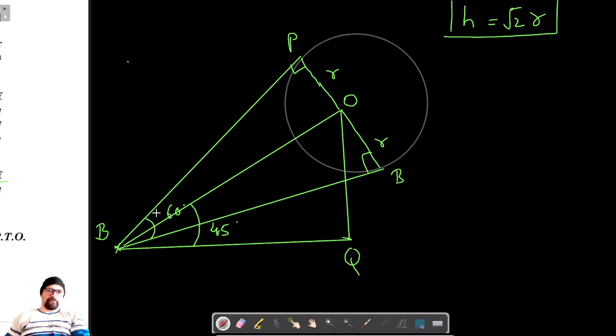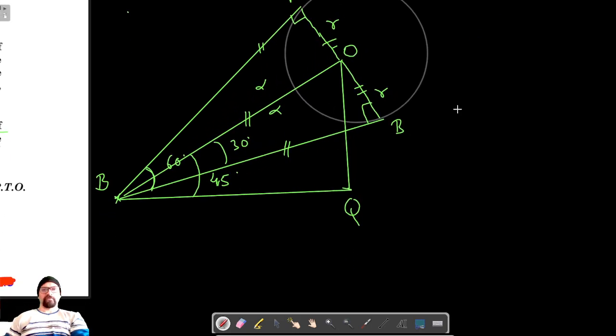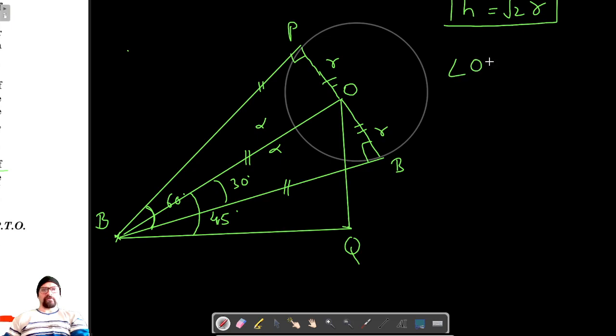Now, if this is 60 degrees, then these two triangles are congruent because these two are the radii of the same circle, these two are the tangents drawn from an external point, and this is common. So that means this angle is 30 degrees.